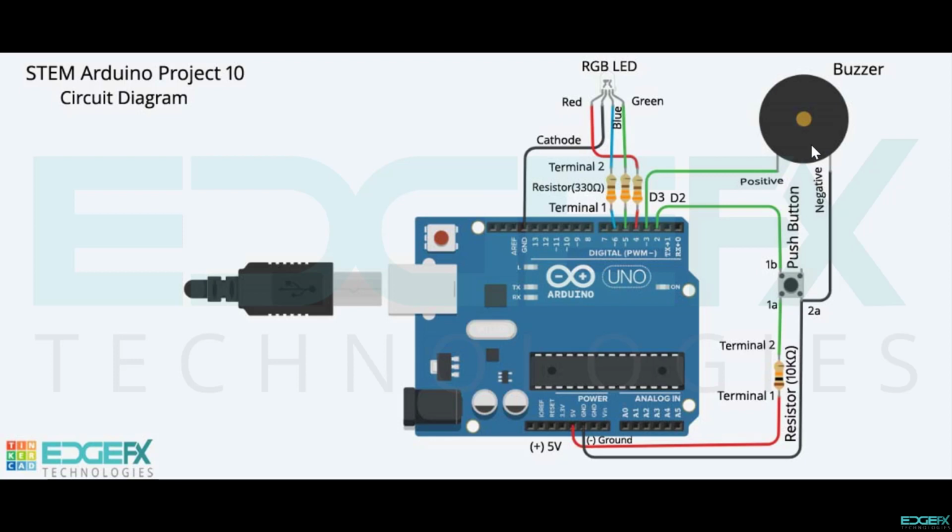The program is written in the following way. When the push button switch is pressed for the first time, step 2 plus step 3 is executed, and the output is a flashing red light with a unique buzzer sound.